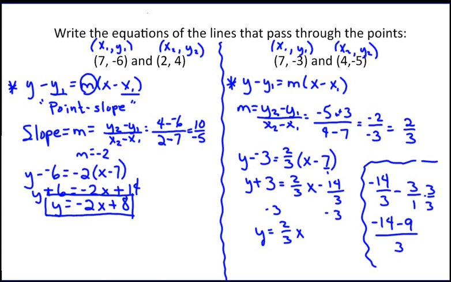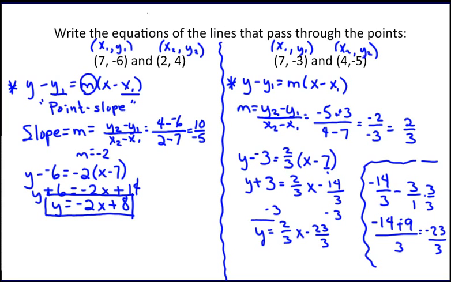That's the same thing as negative 14 plus a negative 9, which comes out to be negative 23, and it is still over 3. So that means that the rest of our equation is now done.